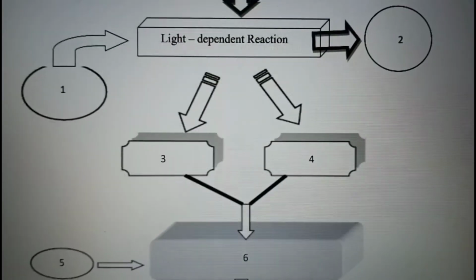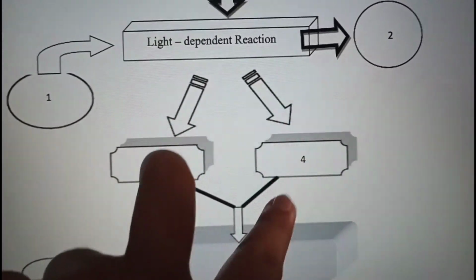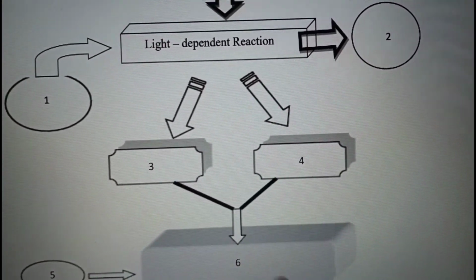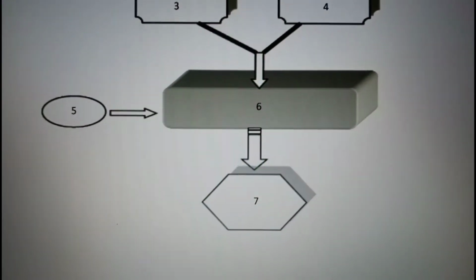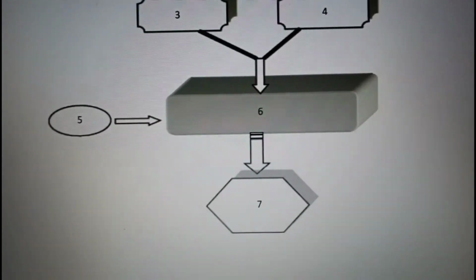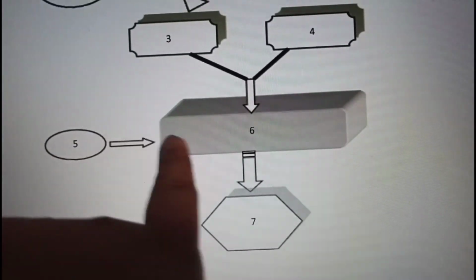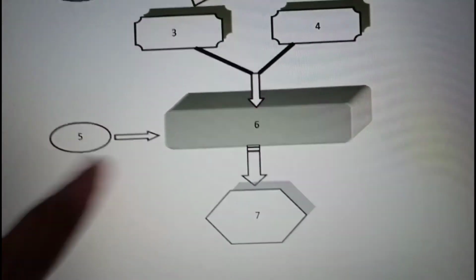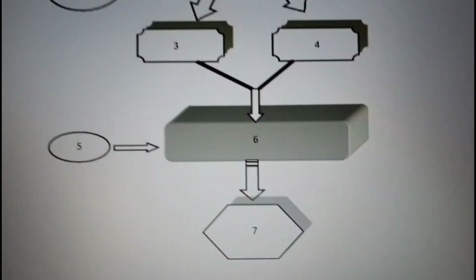Then it also produces two chemicals which are needed for the second stage of photosynthesis. And then it produces blank and it needs blank, which is from the environment. Okay? So that is your activity.